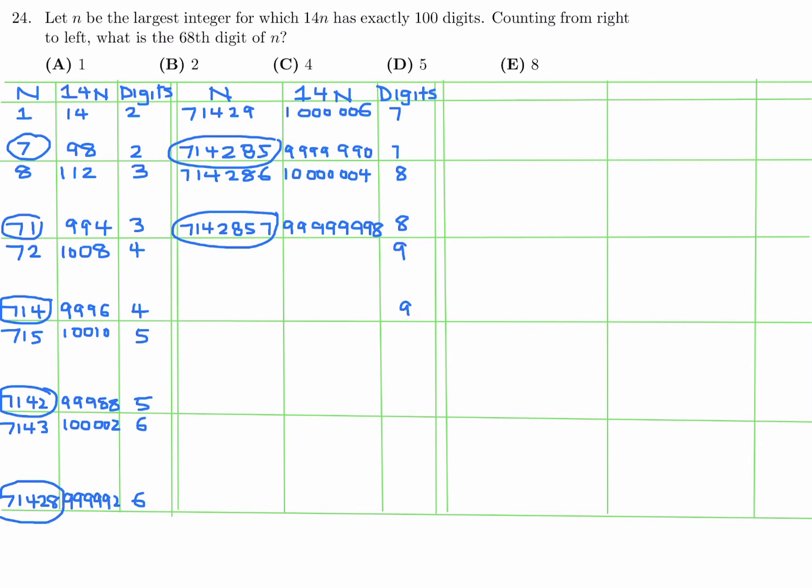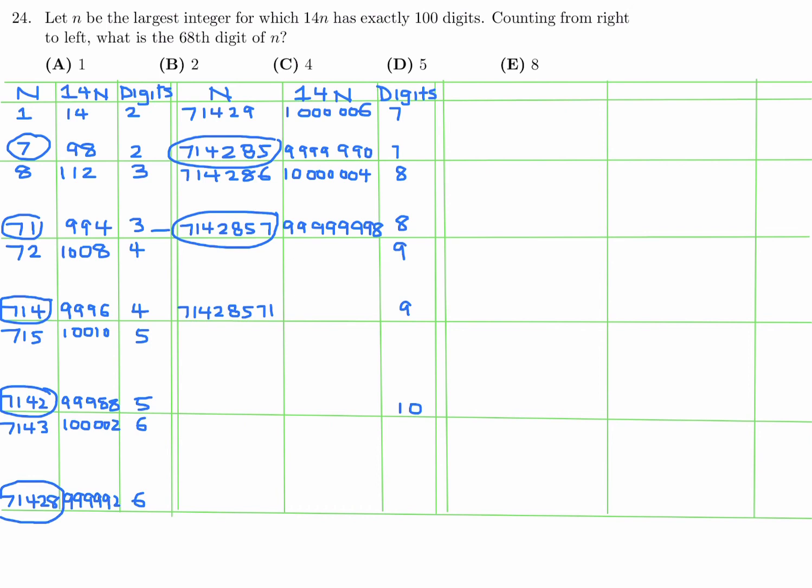If you keep going, and I'm just going to concentrate on the last numbers, right? I'm not going to do this first one. I'm just going to write the last numbers for each of these. This one, if you do it for 9, it'll be 714285.7, and then 1.